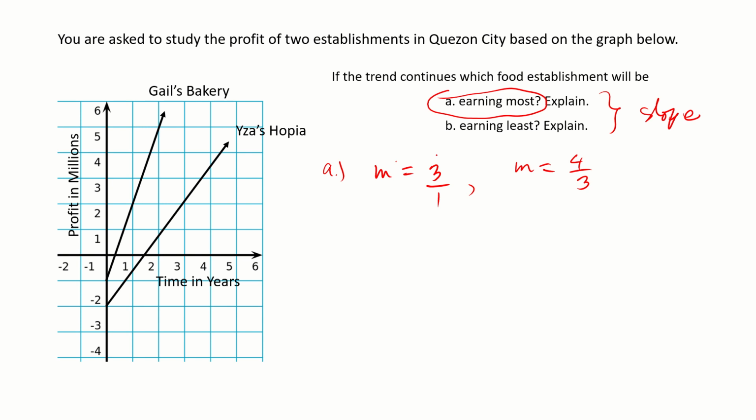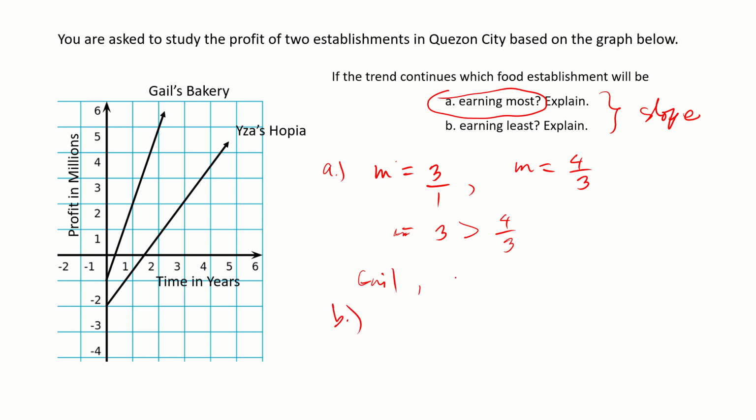So the question now is, which one earns the most? Looking at it, 3 is greater than 4/3. So if 3 is greater than 4/3, that means that the answer on which establishment will be earning most, that's Gale.